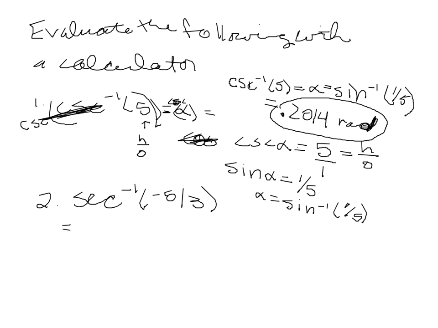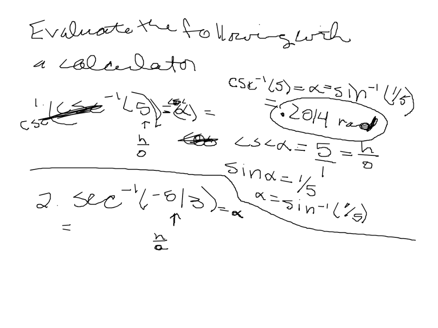Okay, cosecant. Same problem. It's not defined. It's not a function defined on our calculator. So what goes into an inverse secant function is hypotenuse over adjacent, and what comes out is an angle. So if I take the secant of both sides, I get secant of alpha equals minus 5/3, which is hypotenuse over adjacent.